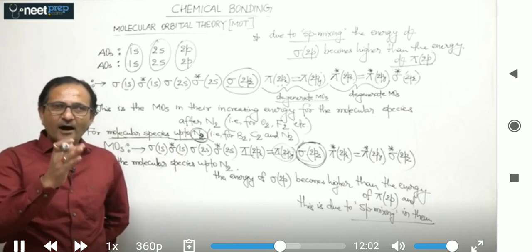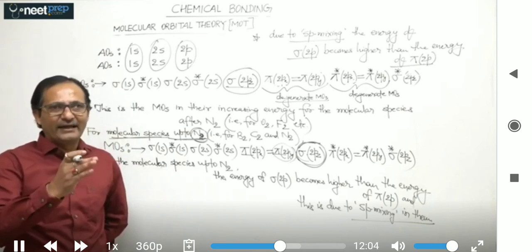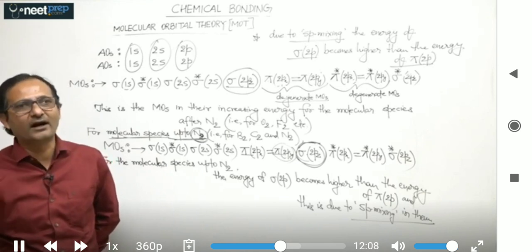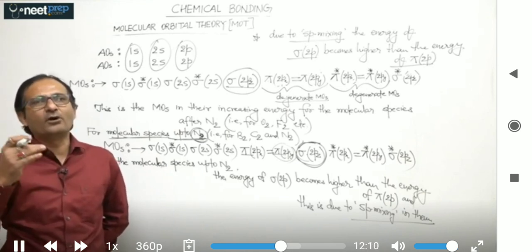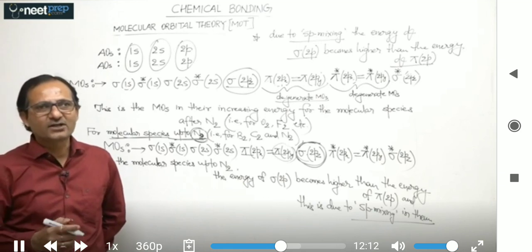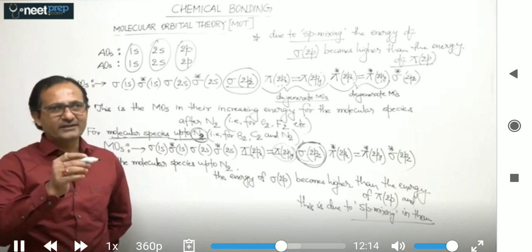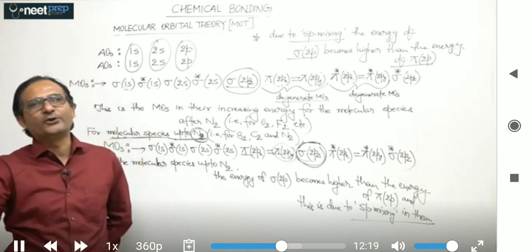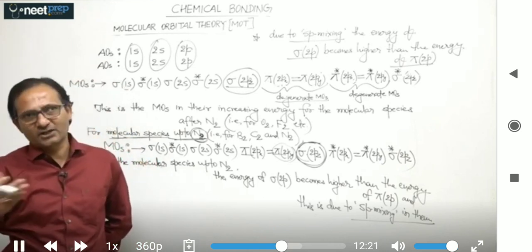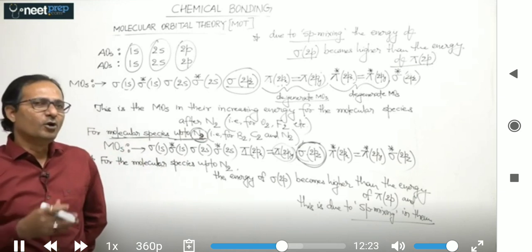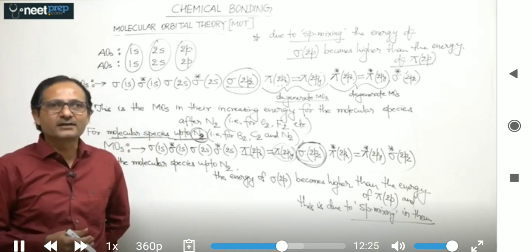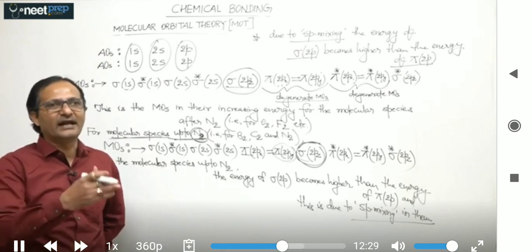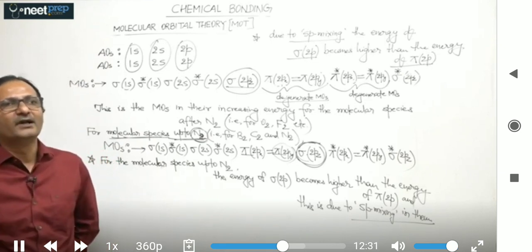But after nitrogen, that is in the atoms O, F, etc., spectroscopic data shows that the energy difference between 2s and 2p is large, and therefore no sp mixing occurs between 2s and 2p in O, F, etc.